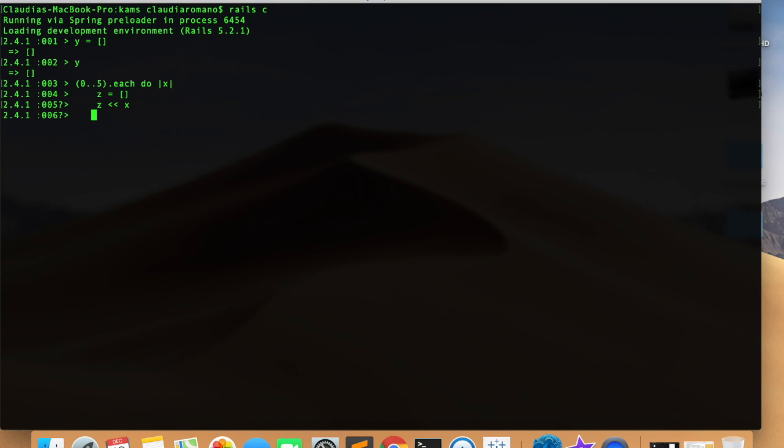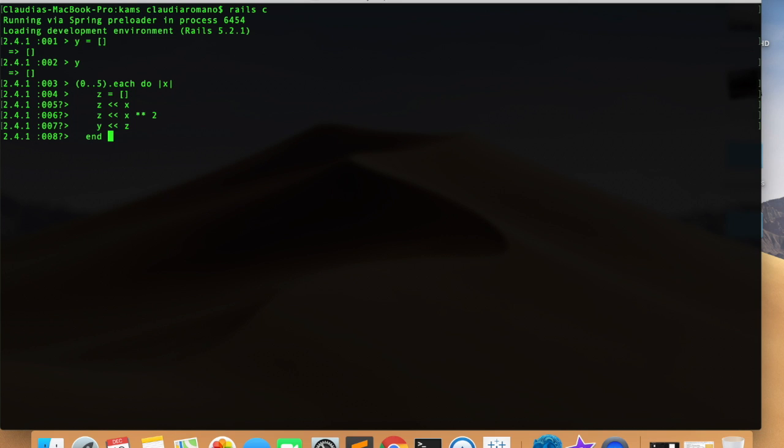We want our input, our x value, our domain, and our range, our y values, to come out together. So my function here is going to be a little bit more complicated. This is the notation that we used for exponent in Ruby. It's going to be a double asterisk. So my function is x to the power of 2.